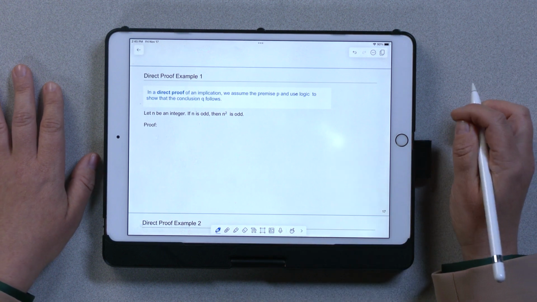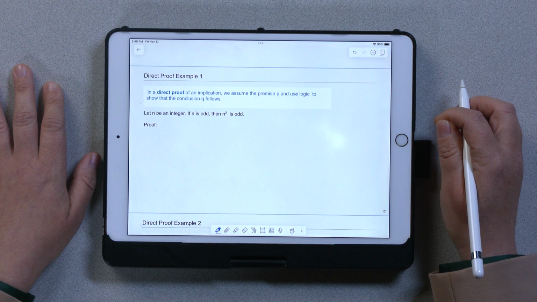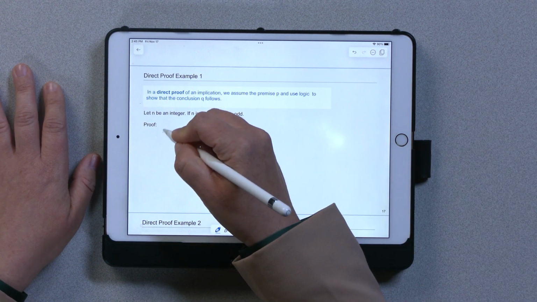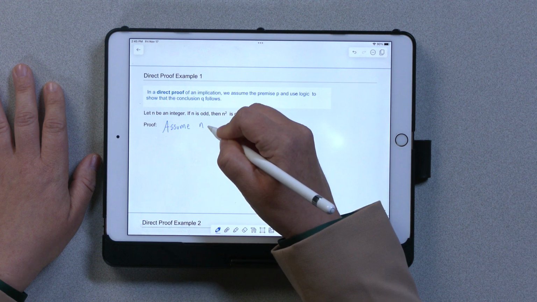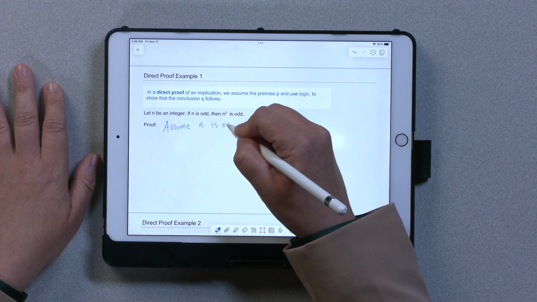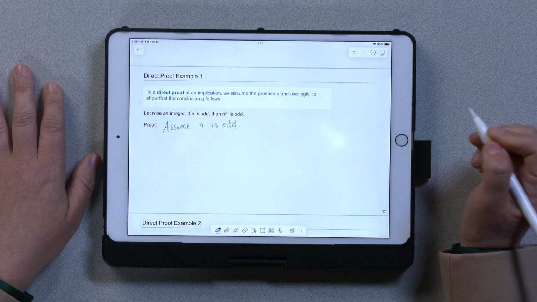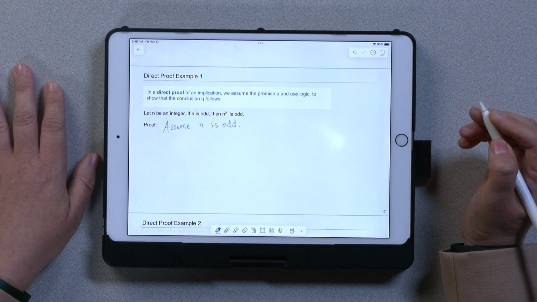And in this implication, our premise, P, is n is odd. So we will assume n is odd. Now we have to make inferences and use logic.